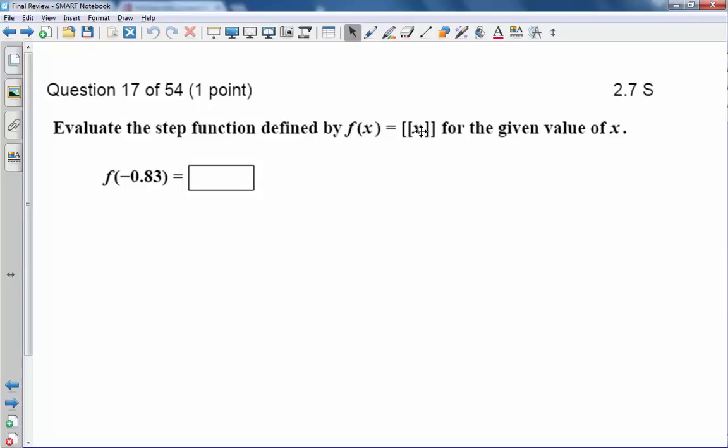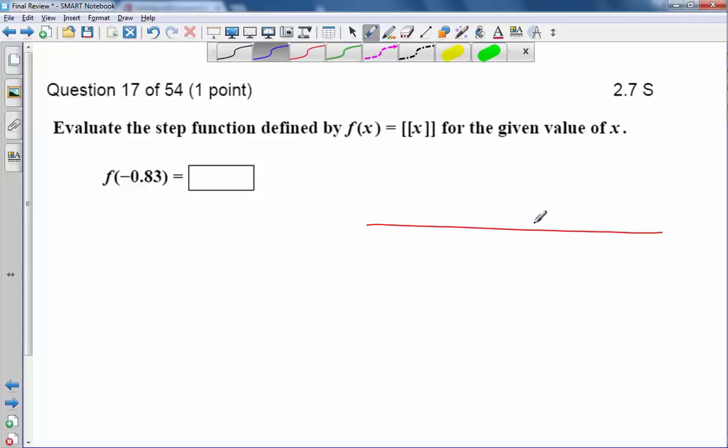This function, whatever number you enter here, it floors it. That means it rounds down to the nearest whole number, rounds down always, not up. Okay? Even if this is 2.999, you don't round to 3, you round down to 2, the whole number. So what is floor of negative 0.83? -1. Yep, you round down. Just imagine where negative 0.8 is.